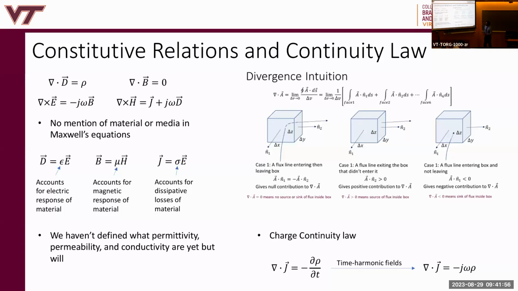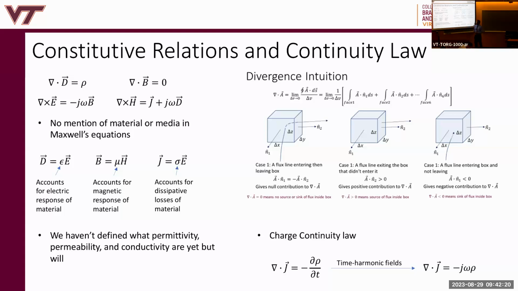But there's one more law we need to introduce, the charge continuity law. This is the divergence of J is equal to minus partial rho partial t. Remember when we had this divergence intuition, we said that if a flux line enters and leaves a volume, it gives a null contribution to the net flux in that volume.